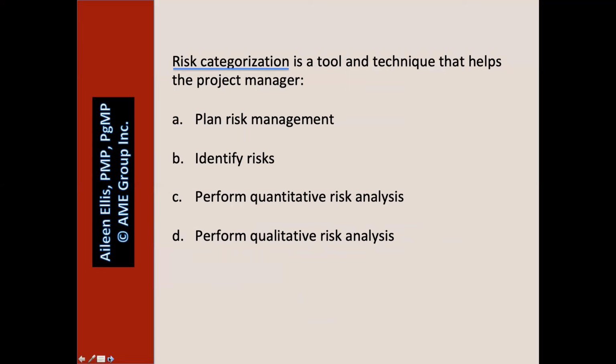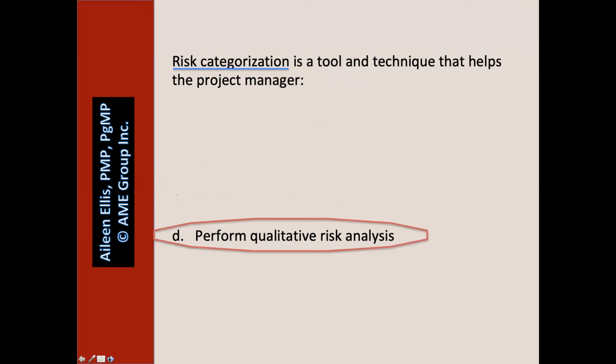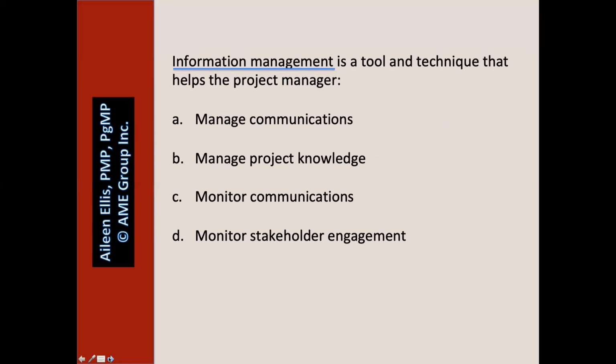Risk categorization is a tool and technique that helps the project manager. Risk categorization helps us perform qualitative risk analysis. Information management is a tool and technique that helps the project manager.